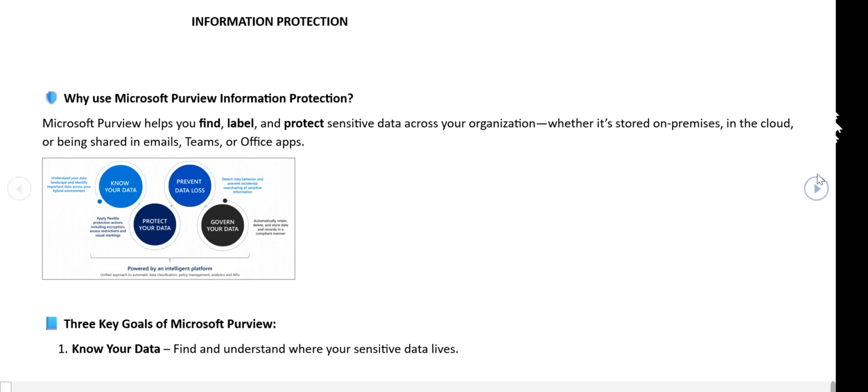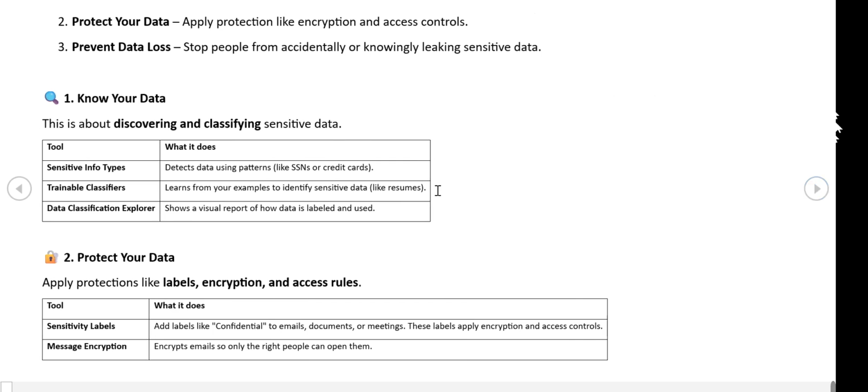Protect your data: apply protection like encryption and access control. Prevent data loss: stop people from intentionally or unintentionally sharing the data to other organizations or public folders. So it will stop people from doing that.